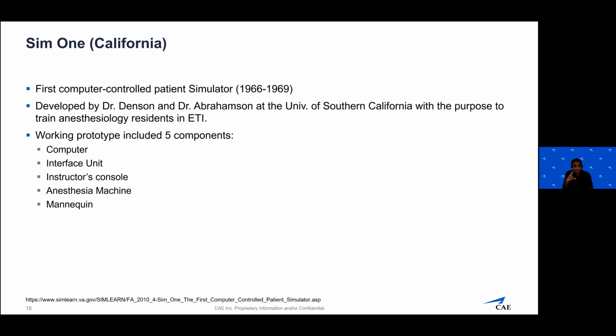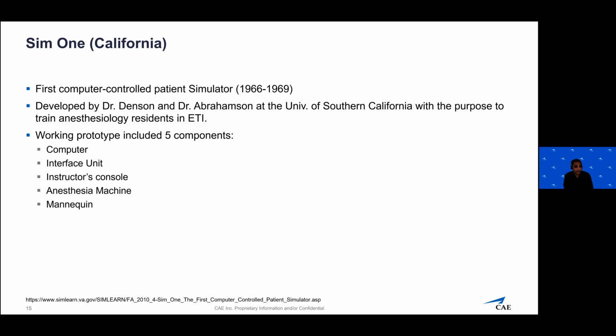And I think it's important to note that we haven't really changed this part too much, right? There's a computer, there's an interface module, there's an instructor station, there's a mannequin, and there's whatever piece of technology you're leveraging behind it, anesthesia machine, cardiac monitors, or otherwise. There are all these other components that are present, and that idea really hasn't changed arguably in the last, what has it been, 80 years, right?